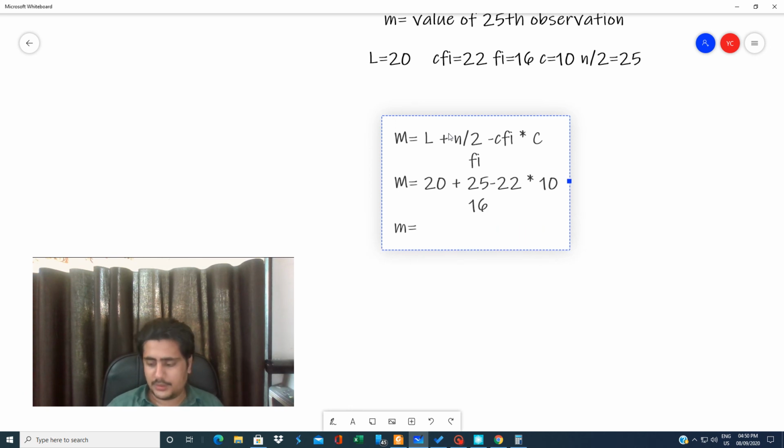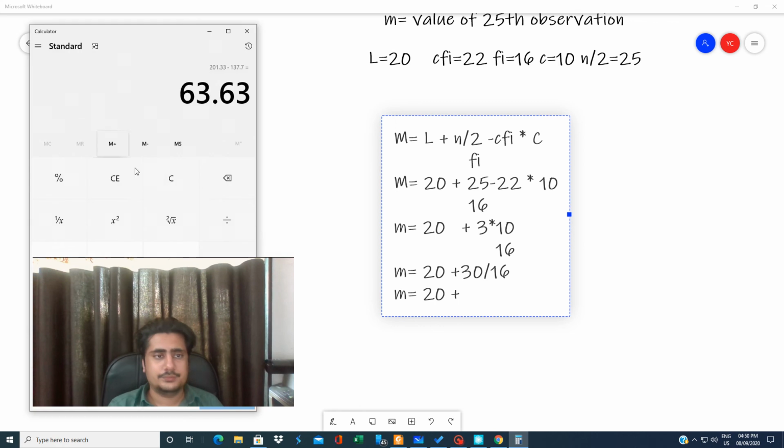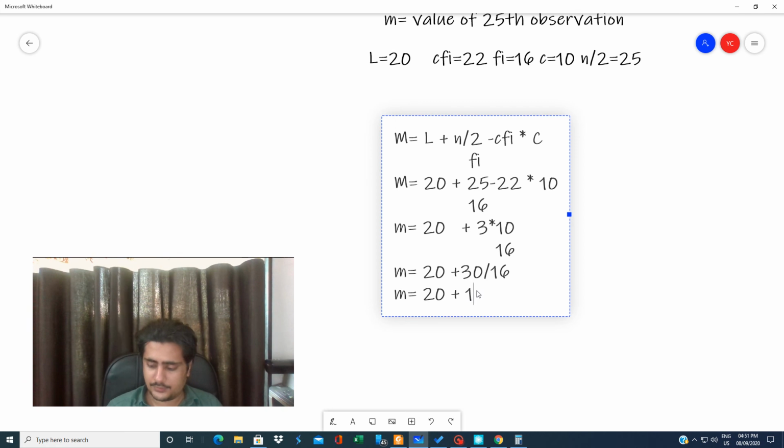Median is equal to 20 plus 3 into 10 upon 16. Median is equal to 20 plus 30 by 16, which is 1.875. It's 21.875.